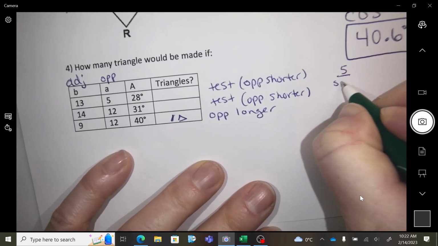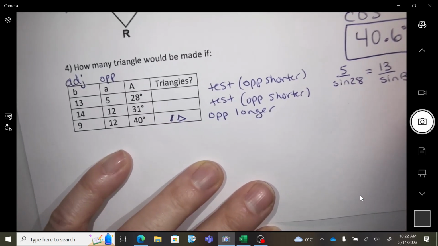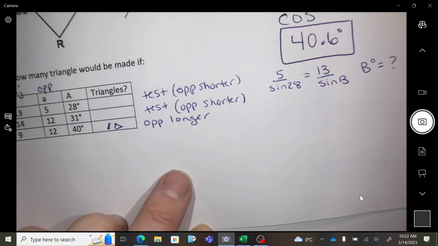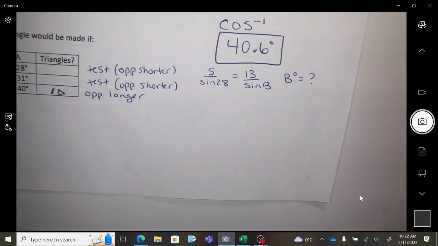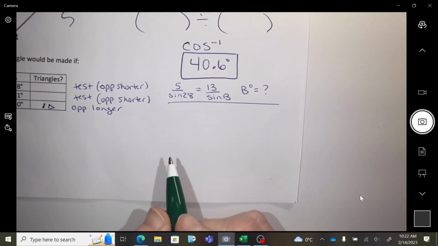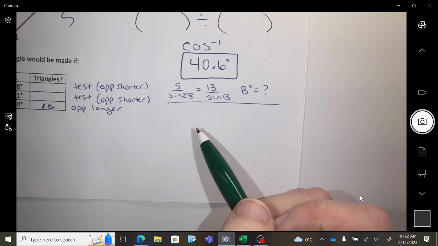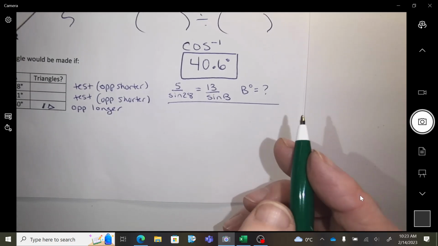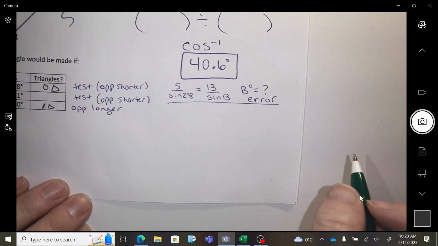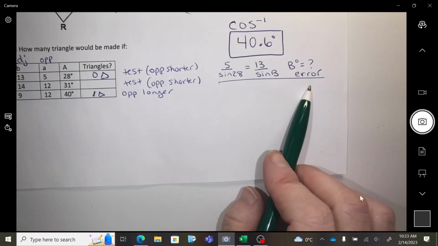So 5 over sine 28 equals 13 over sine B. Angle B is either a number or an error. Times, divide, inverse. Don't forget to inverse. Did it come out to be an angle or an error? Error? So now, no triangles. I have to give some kind of reasoning: shorter, tested, error.